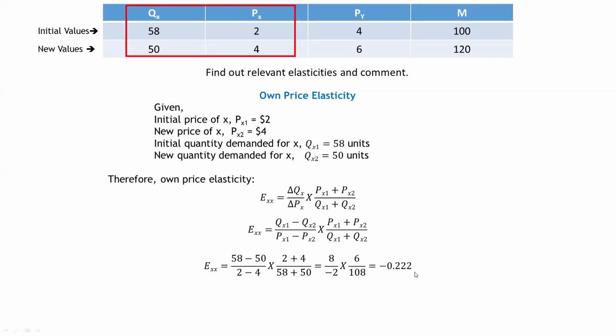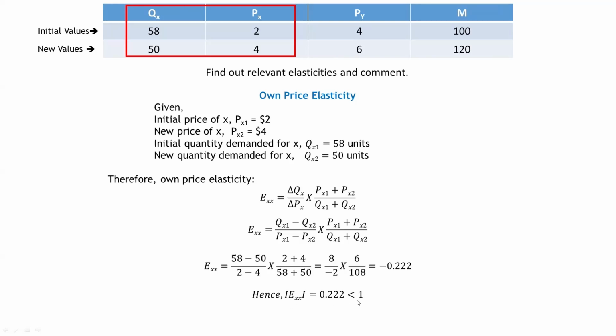As we know, the value of own price elasticity will always be negative due to the law of demand, which states that the relationship between price of X and quantity demanded for X is inverse. What we need to do, we have to take the absolute value of the own price elasticity to ignore the negative sign, which is necessary to make comment. Here, the absolute value of own price elasticity equals 0.222, which is less than 1.